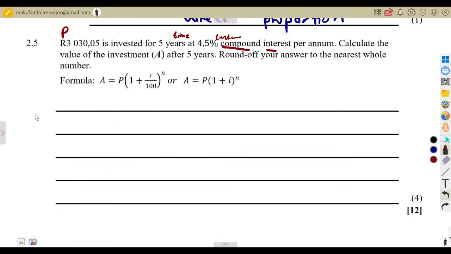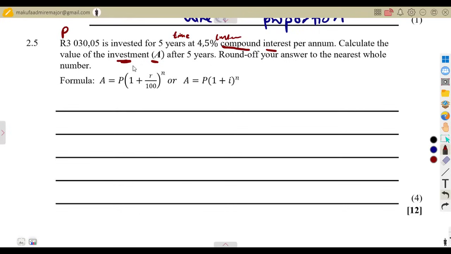Calculate the value of the investment, which is A, the amount that you're going to have after 5 years. Round off the answer to the nearest whole number, that is, to the nearest rand.